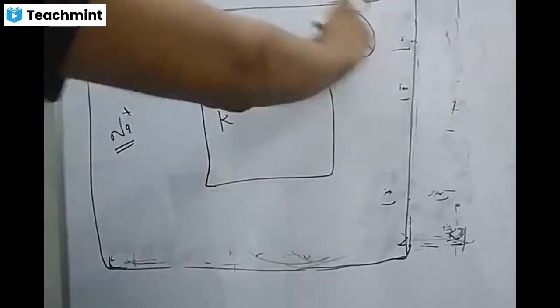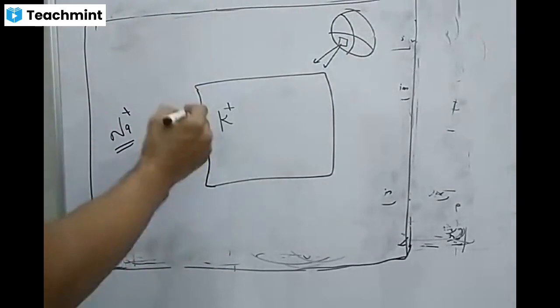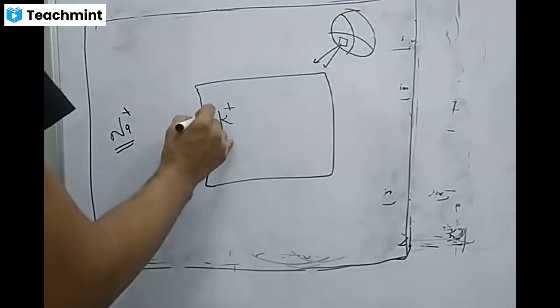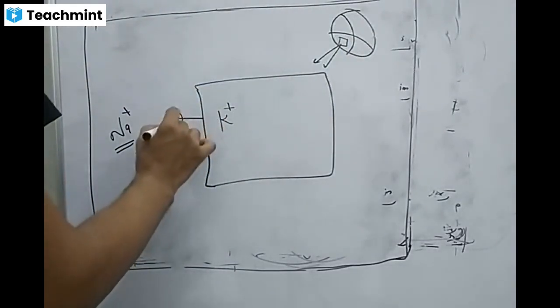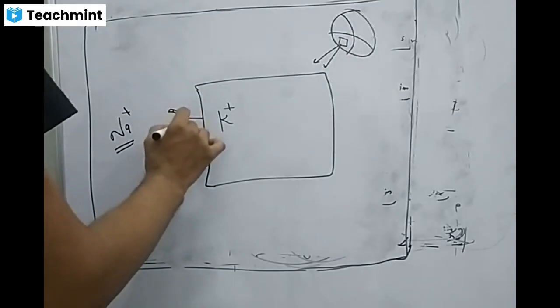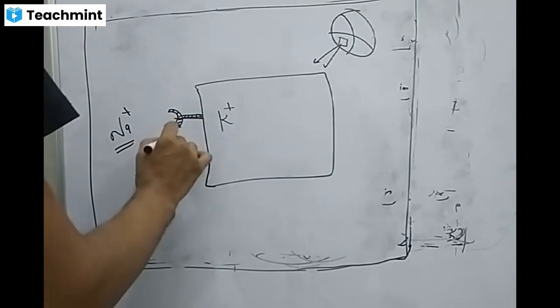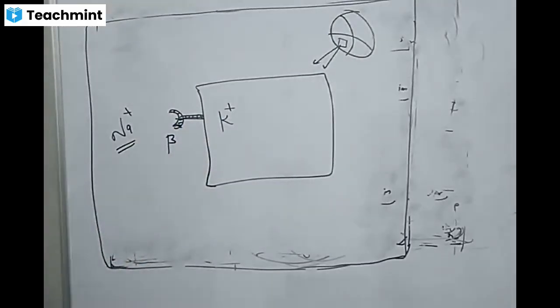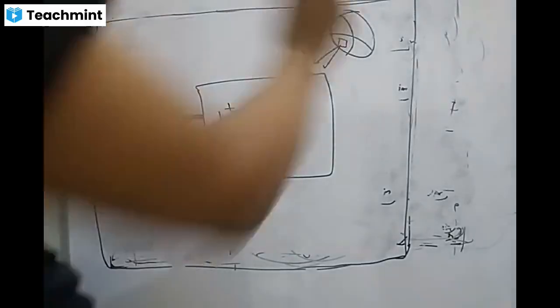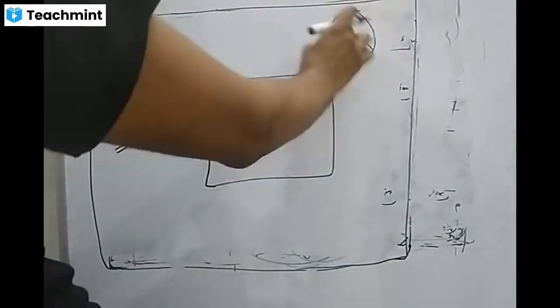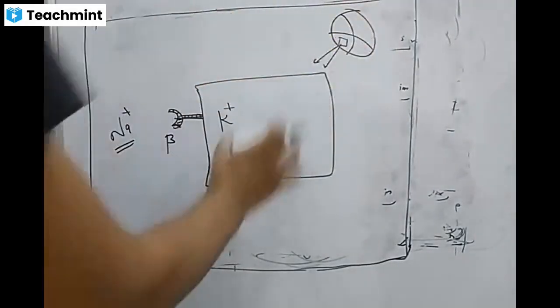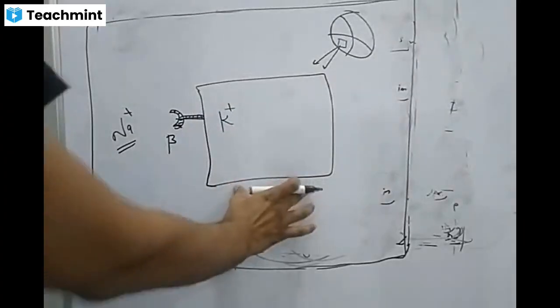This cell has a receptor, the beta receptor, beta 1. So the heart is made up of cardiac cells.